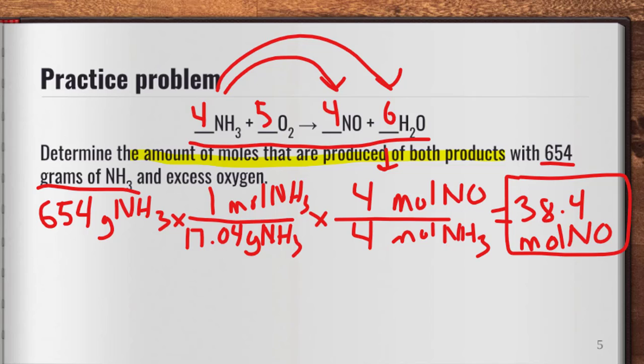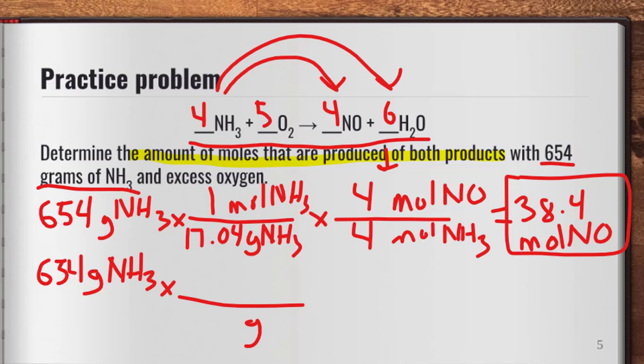We're going to start with 600 grams of NH3. Grams goes on the bottom. And again, I'm going to convert that to moles of NH3, so the start of the problem is actually very similar.